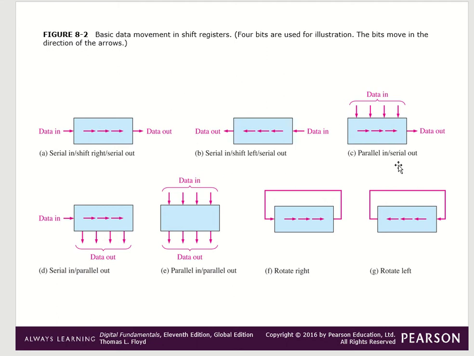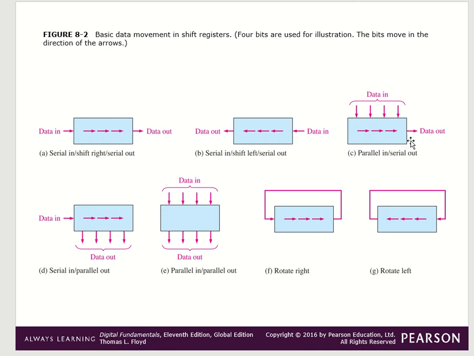Now regarding the second type, parallel in and serial out. So that means, see here the data is entering in parallel. What is meant by parallel? Parallel means simultaneously. Okay, not one by one, but together or simultaneously. But how is it leaving? It is leaving serially. So parallel in, serial out.